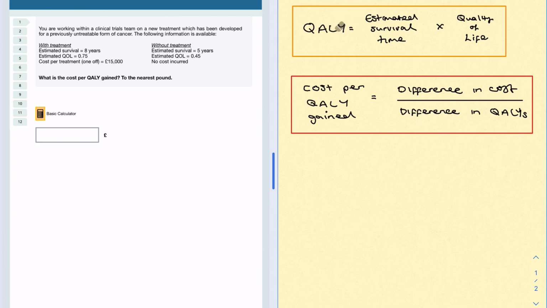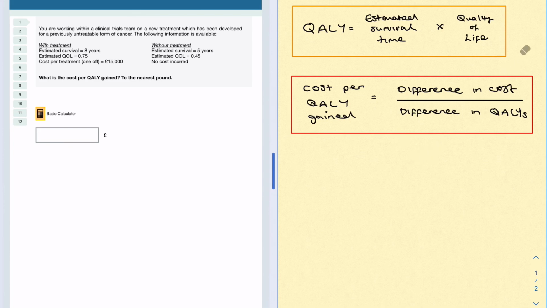Now, sometimes the question may ask you to calculate the cost per QALY of a new treatment that's been gained. So that's where the second formula comes into play in the red box, which is cost per QALY gained. So that would be the difference in the cost financially, so that would be in pounds, divided by the difference in QALYs. And the QALY we would have calculated by using this orange box formula. So as you can see here, this would be a 2-step process, a 2-stage question.